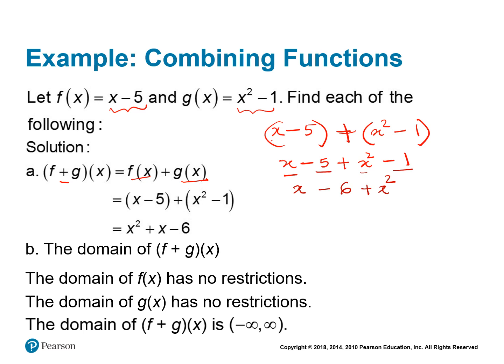So here we have x squared, which is the highest power, so x squared plus x minus 6 is our new function that we obtained by combining f of x and g of x. All right.